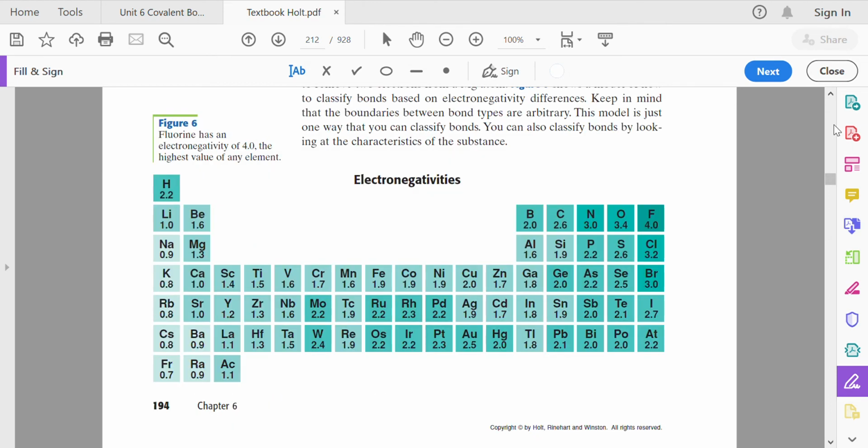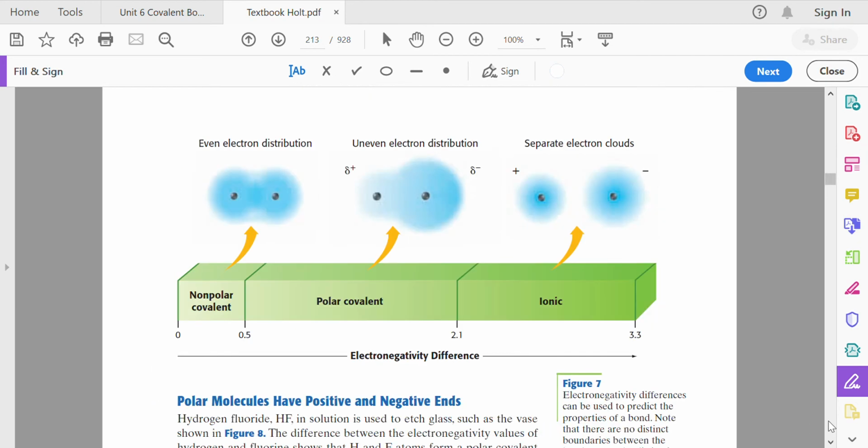If you take carbon and bond it to nitrogen, cyanide, we call that CN, that's 3 minus 2.6, that's 0.4. That would be a nonpolar covalent bond because it's less than 0.5. That's how that works. Now, what does that mean?